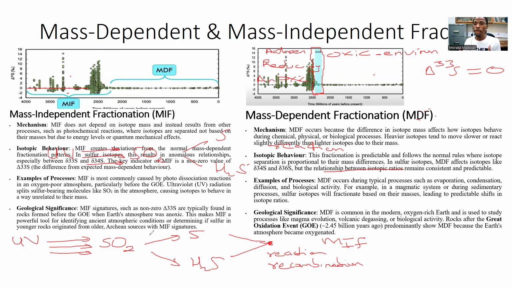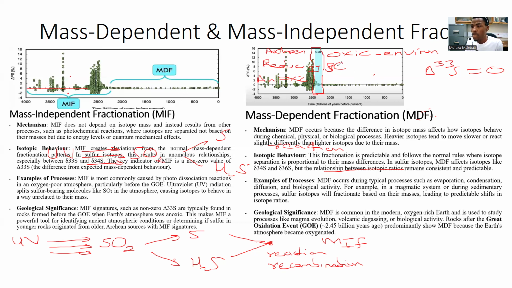This is to say, for example, if we're looking at the case of the Bushveld Complex, these would be younger than the Transvaal and Archean basements. Because now the Bushveld would come after the Great Oxidation Event.